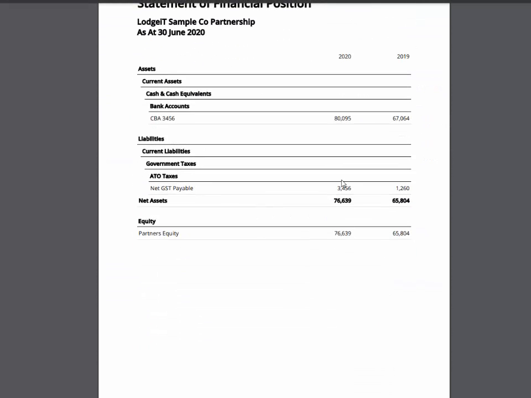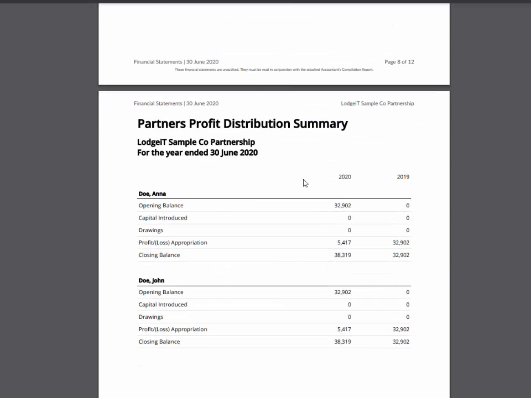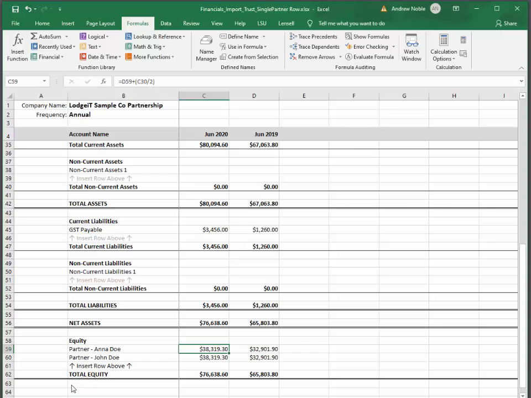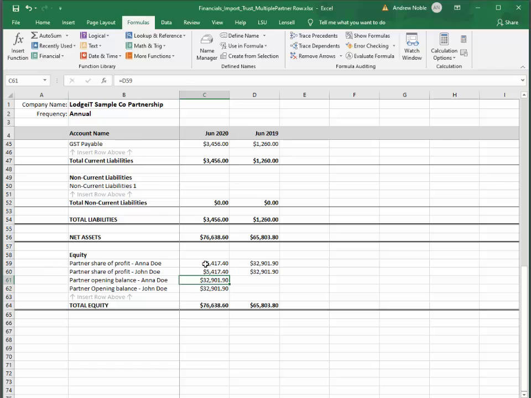Okay, partners equity and profit all shared out, and the partner accounts, 32, and the share of profit. So that is the methodology that you would use when you've got multiple partner rows.